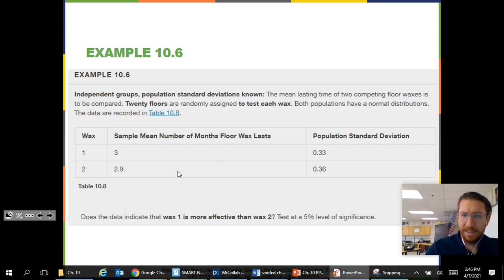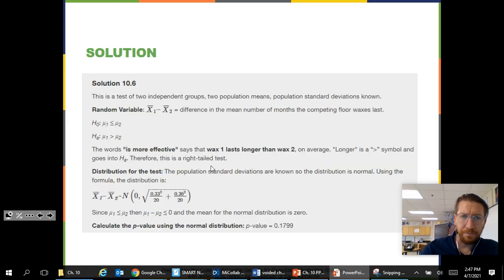So as I look at this, I notice that these look pretty similar. 3 compared to 2.9. That's only 0.1 of a difference, so about a third of a standard deviation away. So I'm immediately thinking it's probably not convincing. I'm not convinced that wax 1 lasts longer than wax 2.